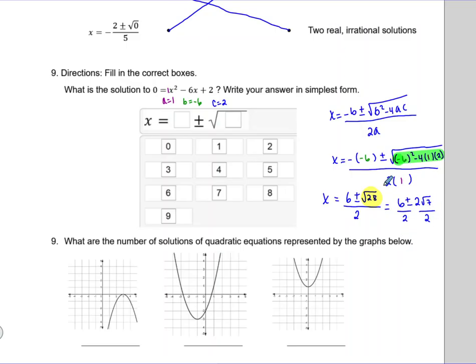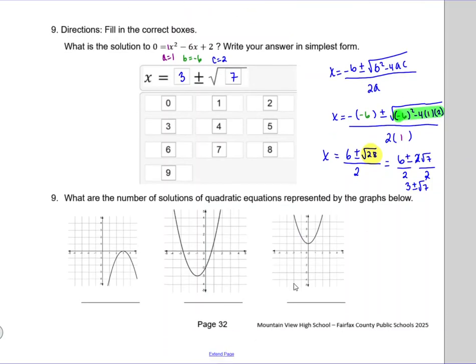So now you have 6 divided by 2, which is 3, plus or minus, the 2's get cancelled out, square root of 7. So in this question, you would take this, put the 3 here, plus or minus square root of 7, okay? I wish there was another way to do this, because Desmos doesn't help us. This is not a multiple choice, nothing, right? So you kind of have to know how to use the quadratic formula, all right?